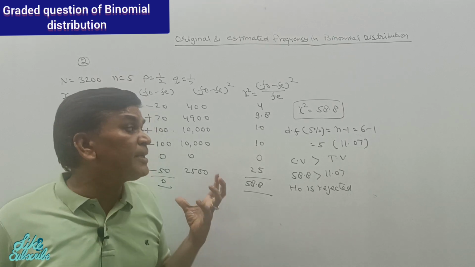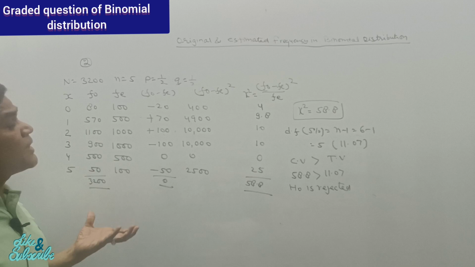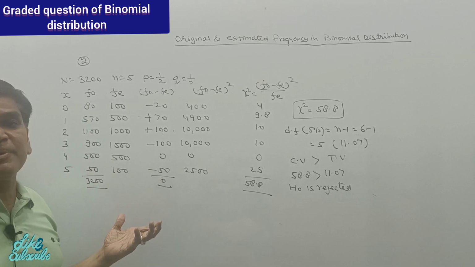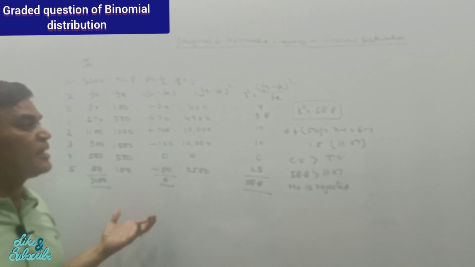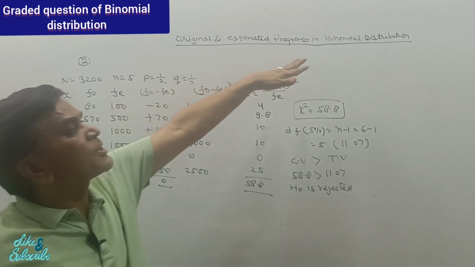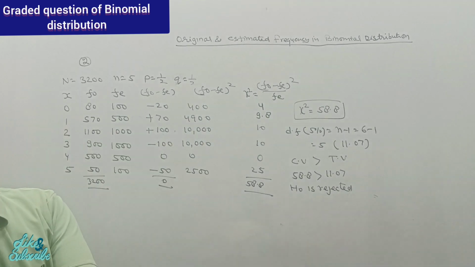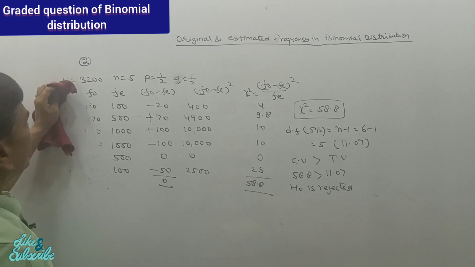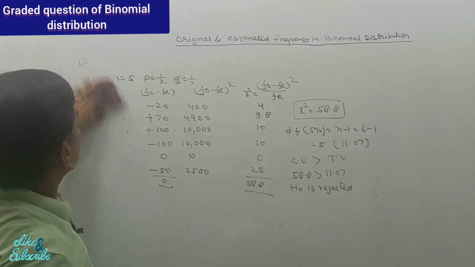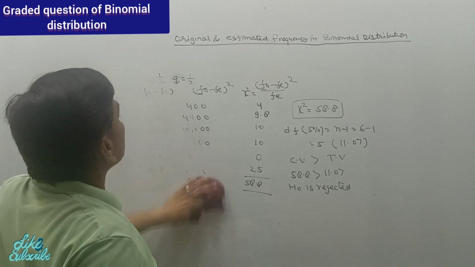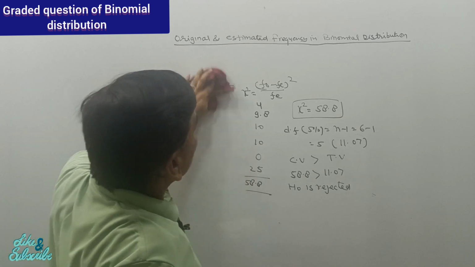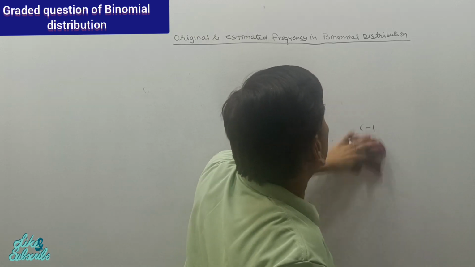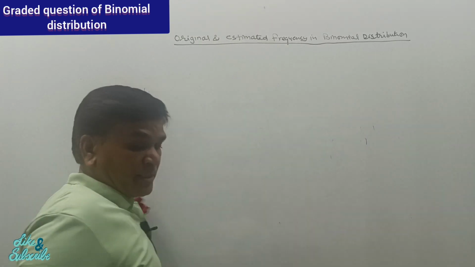So we can calculate whether there is a difference between the original data and estimated data, or no difference, with the help of the chi-square test, and also with the binomial distribution. It means the coin has some defect, so that's why he is getting more heads or more tails.